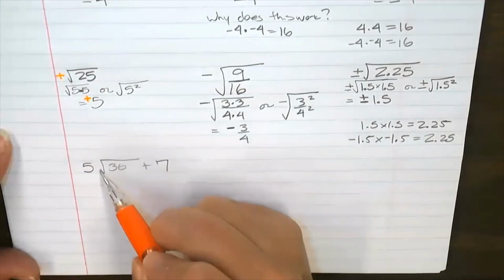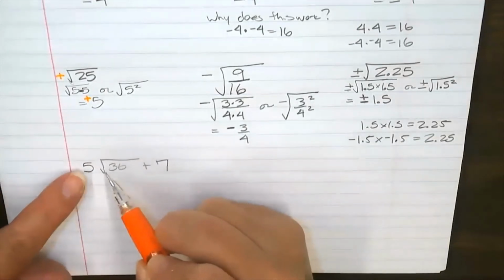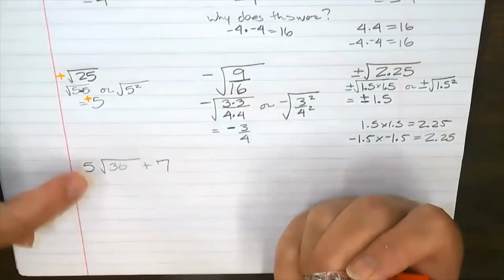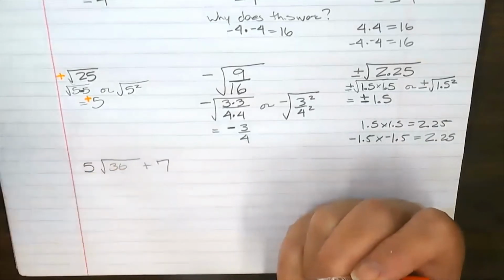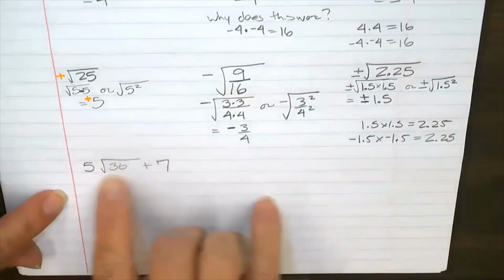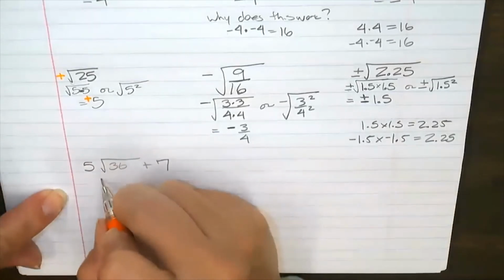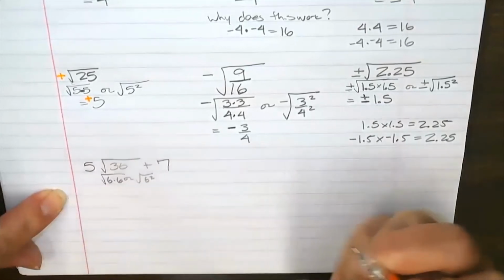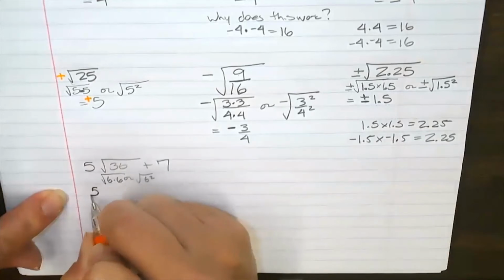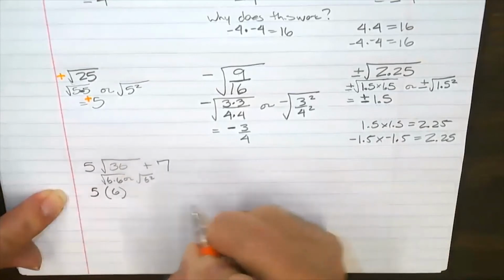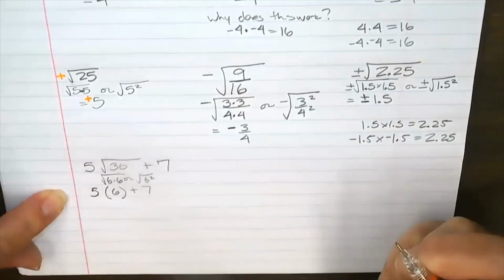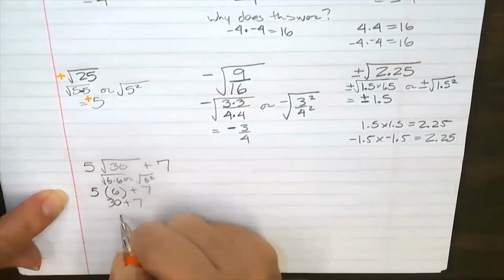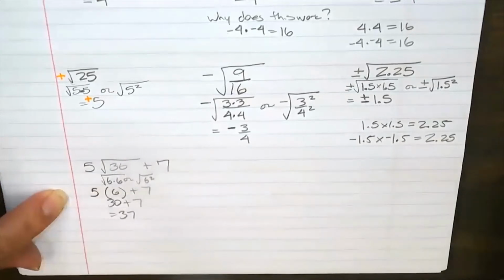When we have a constant right next to a radical sign, it means multiplication, just like with parentheses. So this is 6 times 6, or 6 squared. So this is 5 times 6 plus 7. 5 times 6 is 30, plus 7 equals 37.